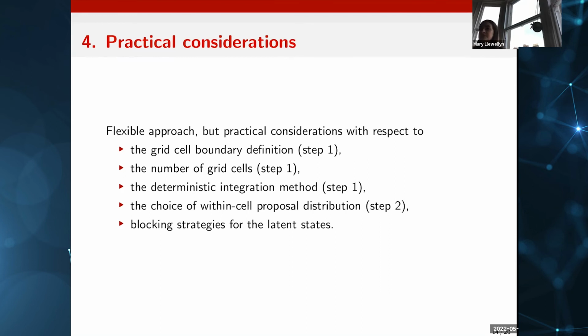Okay, so there are all sorts of things that relate to how the hidden Markov model is approximated. Now, defining the within-cell proposal distributions in step 2: in theory, and I did touch on this already, you could use a nice continuous proposal distribution that captures the conditional density in the region of the grid cells.